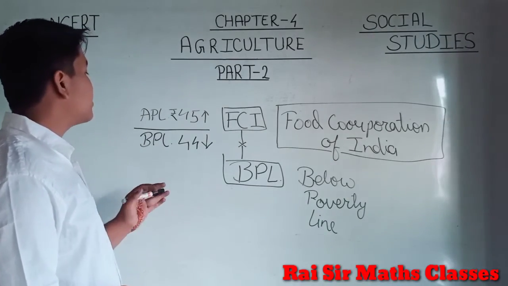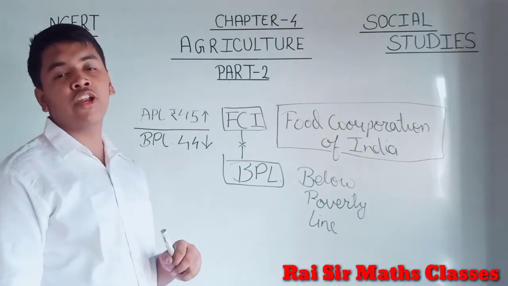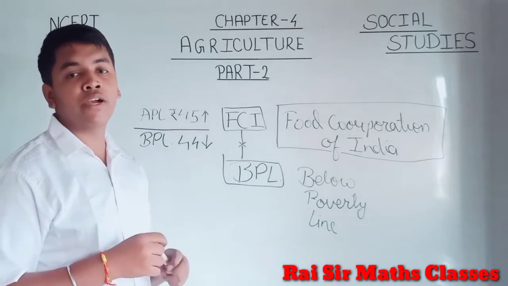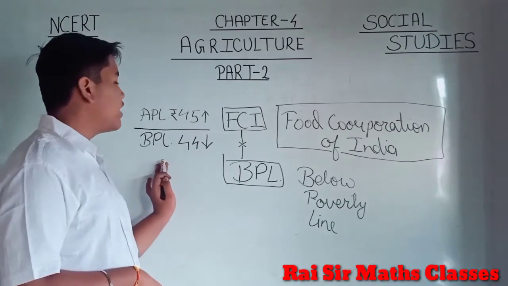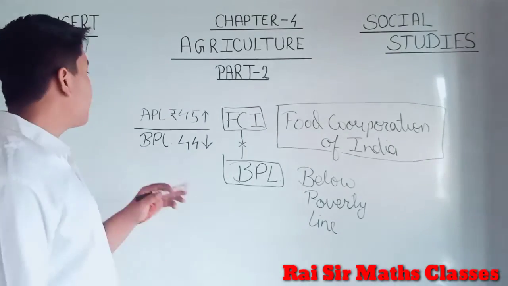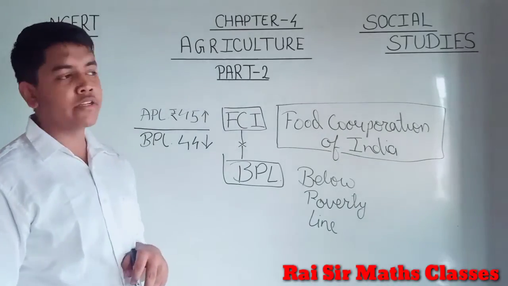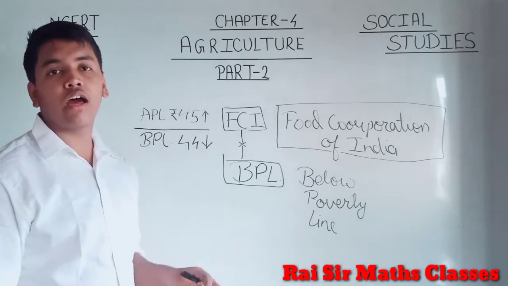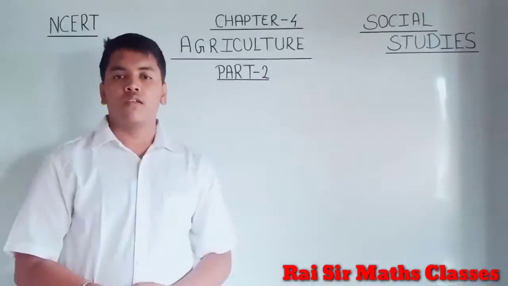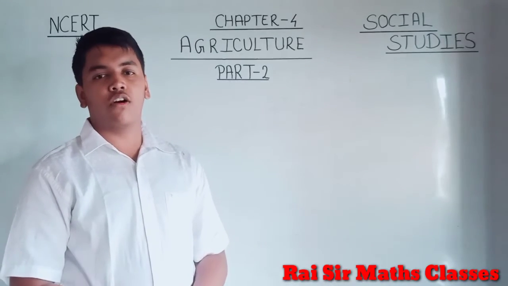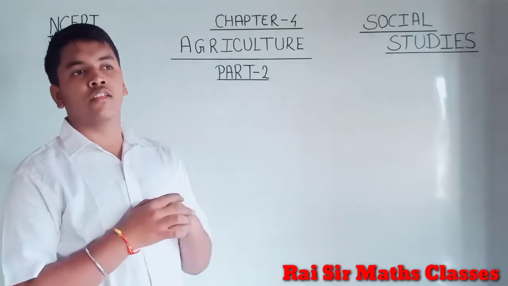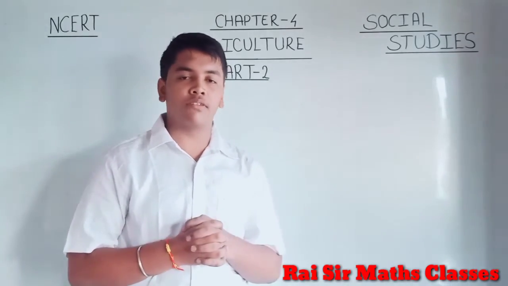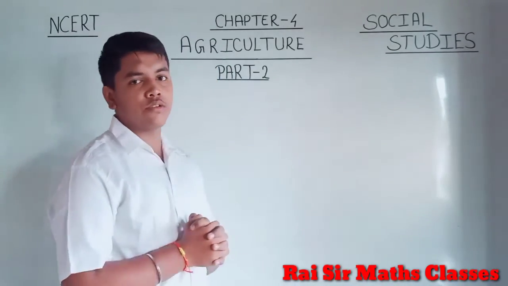The poverty line can be decided as: a person who is not earning 45 rupees per day can be termed below the poverty line, and who is earning more than 45 can be termed above the poverty line. So we have completed our short topic. Now with the completion of BPL and FCI, we have completed our fourth chapter, that is agriculture.